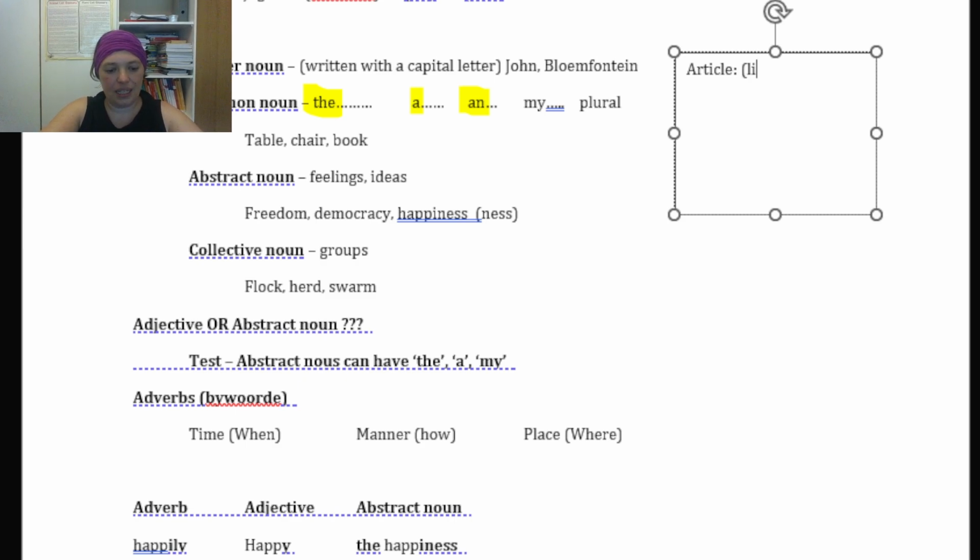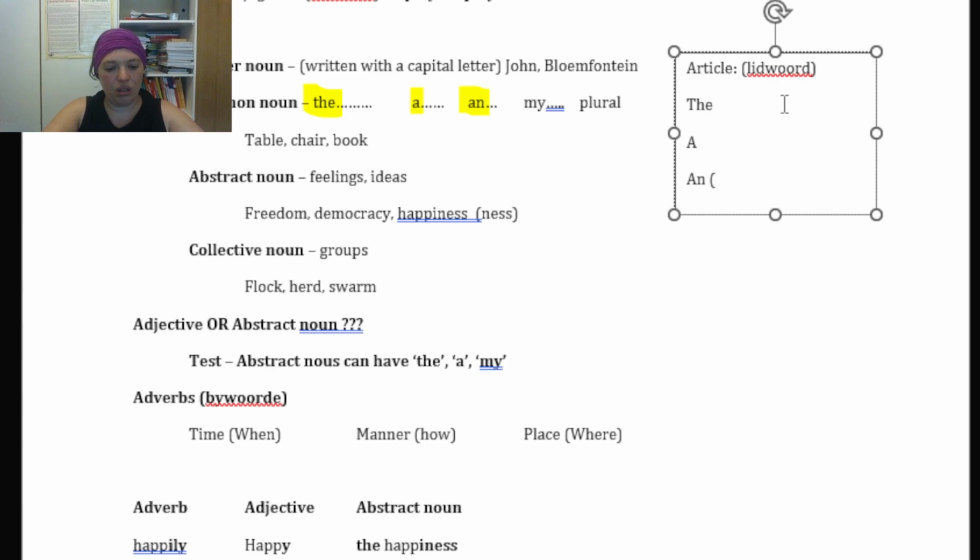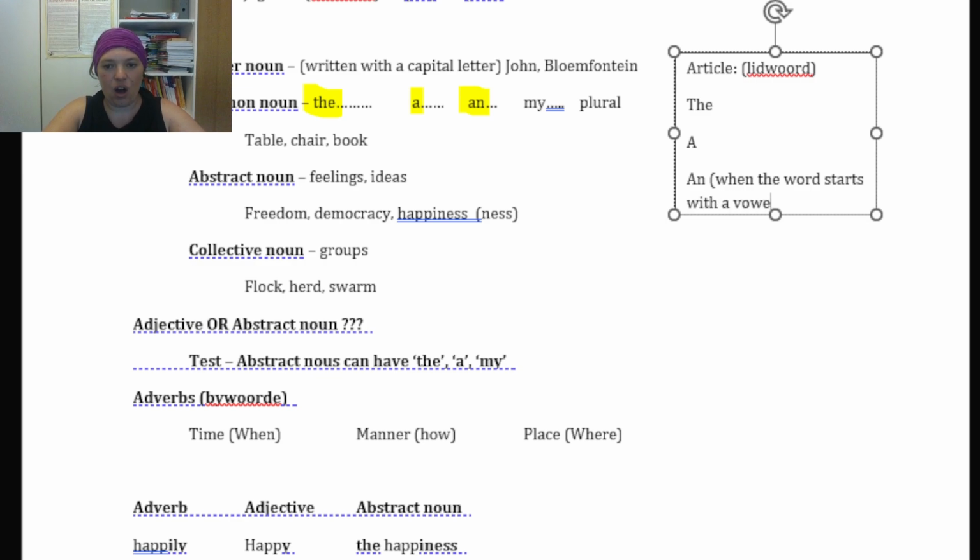In Afrikaans it is a lidwoord. And it is the, a and an. And this one, an, we always use with a word that begins with a vowel, a vokaal. So when the word starts with a vowel. So the cat, a cat, an alligator.